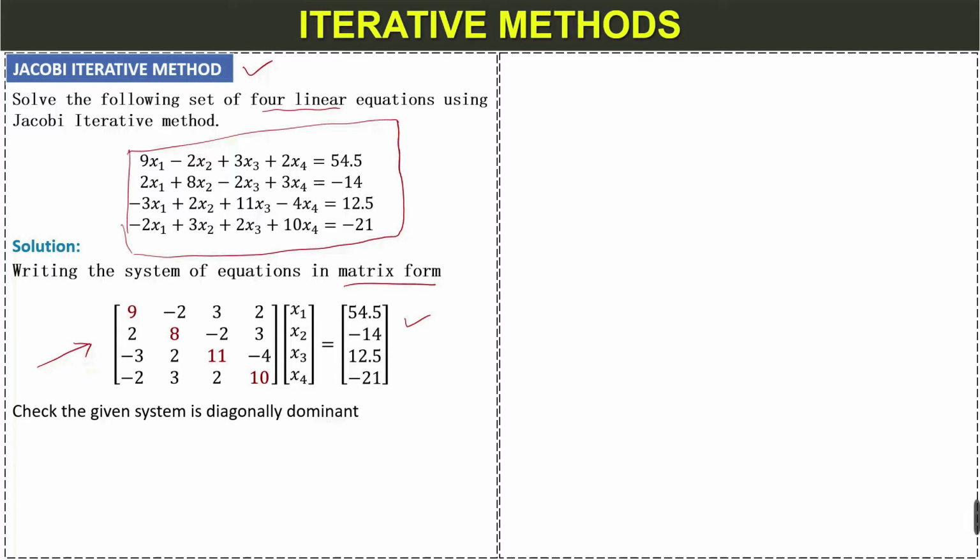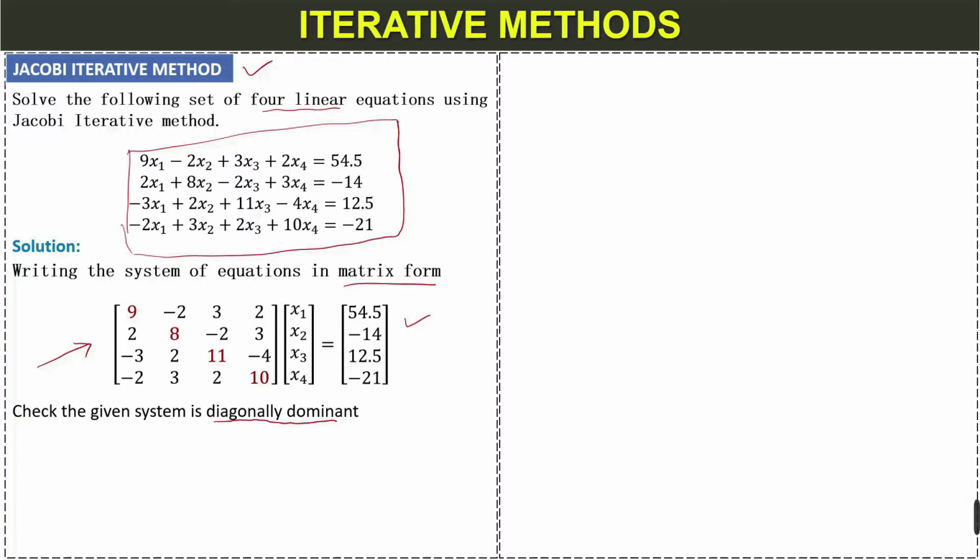We have also studied in the previous lectures about the diagonally dominant matrix, how a matrix is diagonally dominant, and how we can check whether the given matrix is diagonally dominant or strictly diagonally dominant. I will provide the link in the video description. You can watch those lectures.